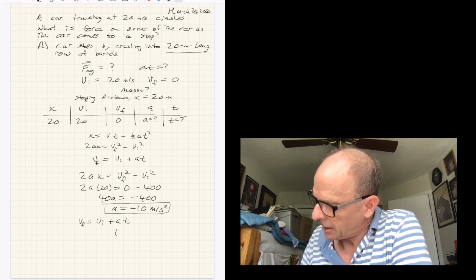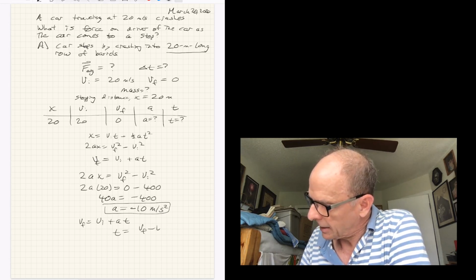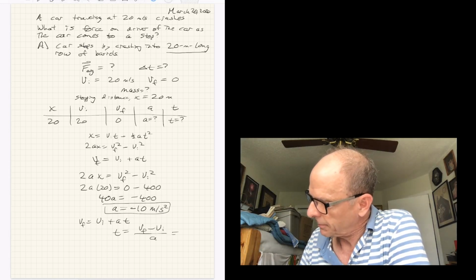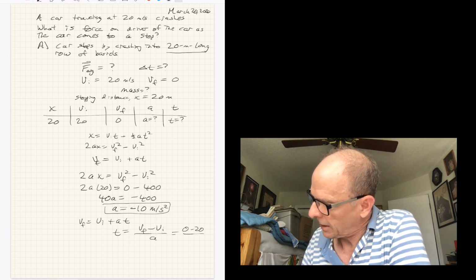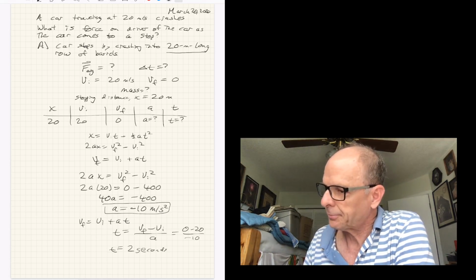That means t equals vf minus vi divided by a, which is 0 minus 20 divided by minus 10, and that gives me t equals 2 seconds. So it takes 2 seconds for the car to come to a stop.